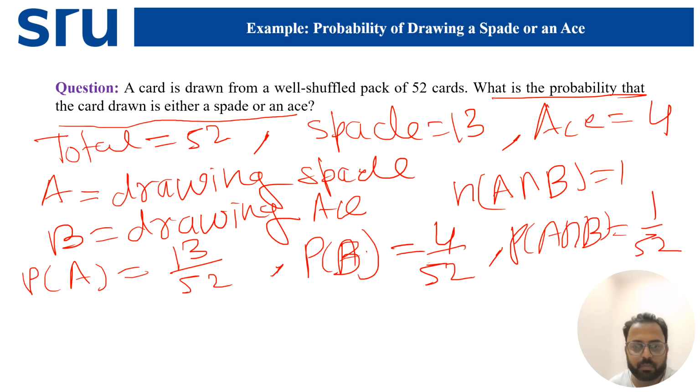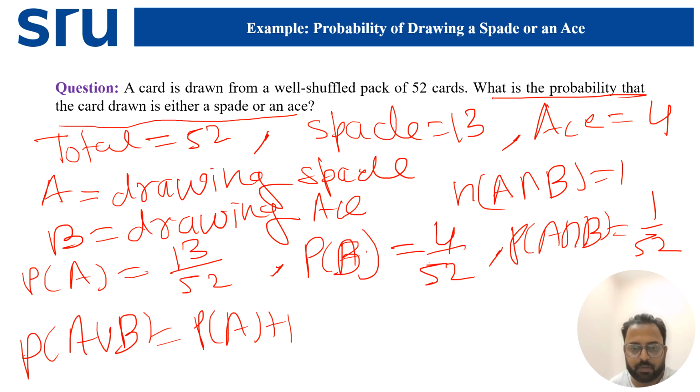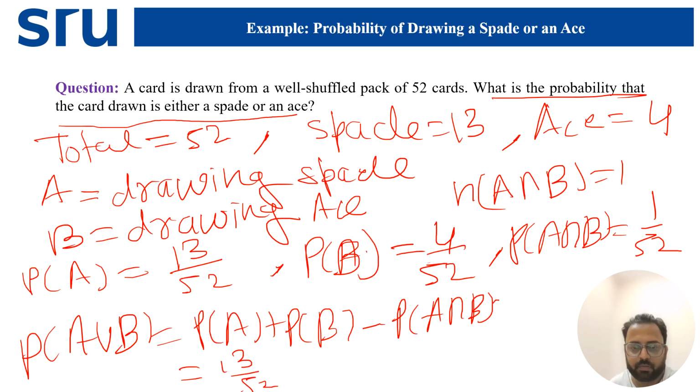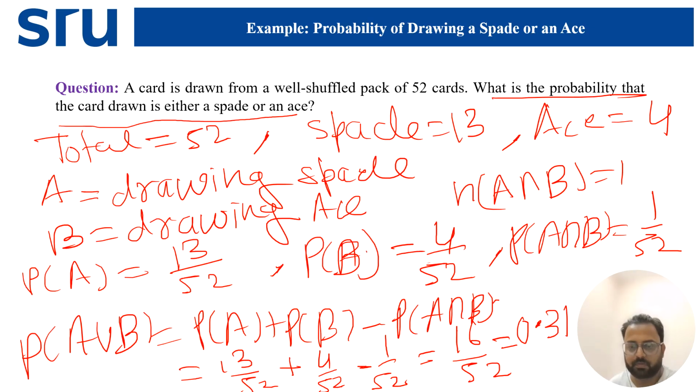So by addition rule, probability of drawing either a spade or an ace: P of A union B is P of A plus P of B minus P of A intersection B. So P of A is 13 by 52 plus P of B is 4 by 52 minus 1 by 52. 13 plus 4 is 17, 17 minus 1 is 16. So 16 by 52, by simplifying we get 0.31.